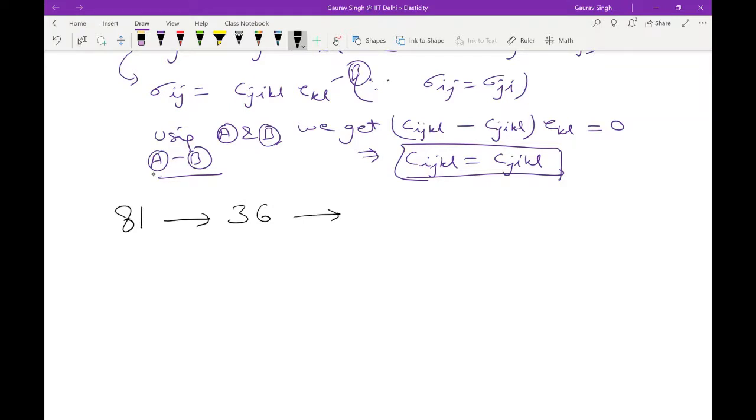This 36 will be reduced to 21 independent constants. This will happen when we learn about the strain energy density. So I am just telling you what is about to come. This was because the stress and strain were symmetric.